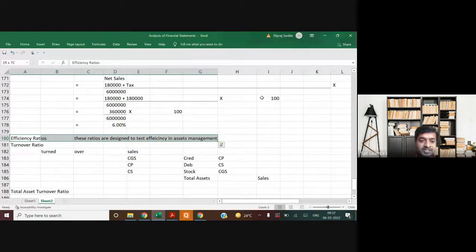One question should arise in your mind. Why the creditors? Creditor turnover ratio is a part of efficiency ratio, where we say that efficiency ratios are concerned with measuring the efficiency in asset management, and creditor is not an asset, it is a liability, right? Still creditor turnover ratio is a part of efficiency ratio. How is it possible?